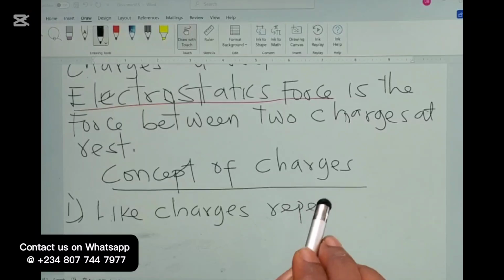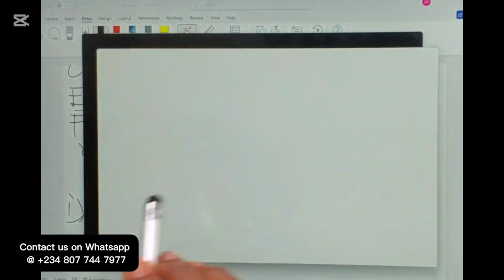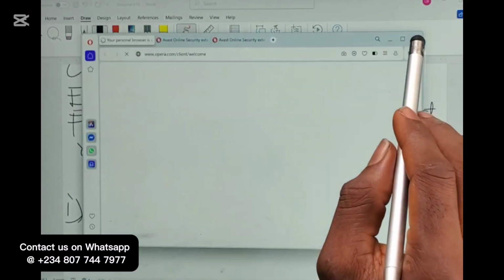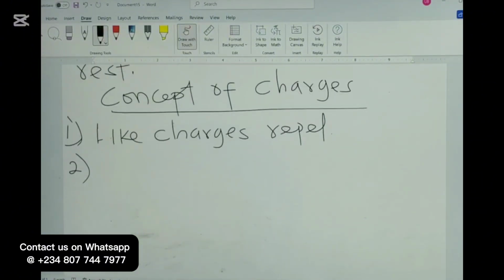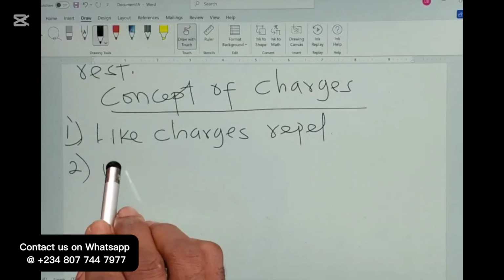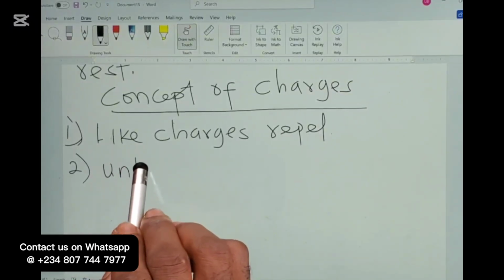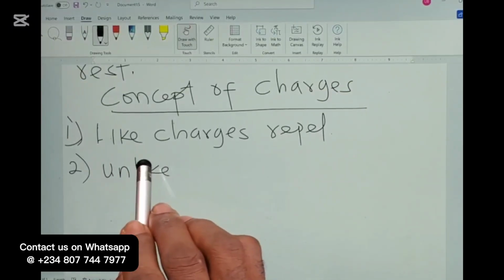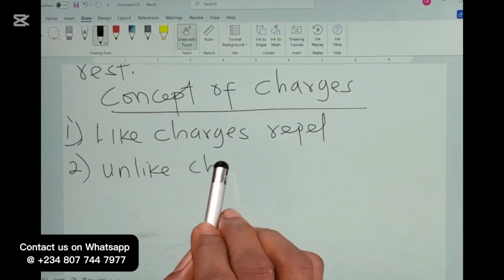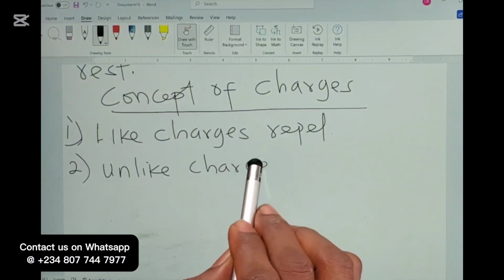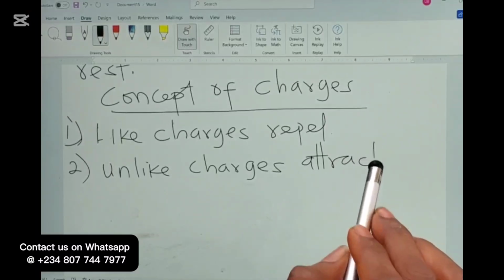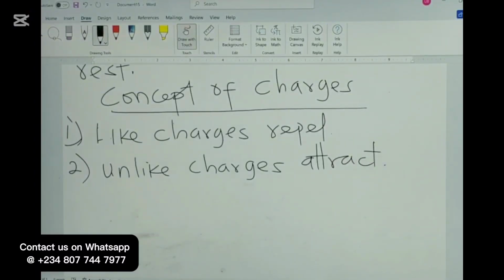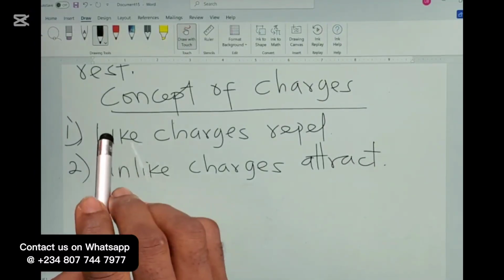Please take note. The second one: unlike charges attract.